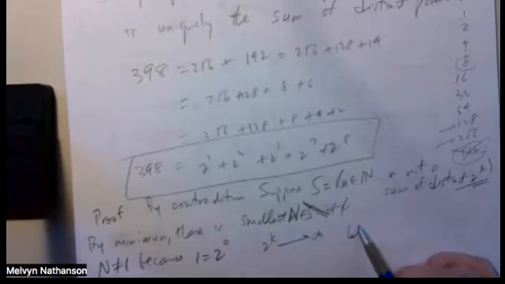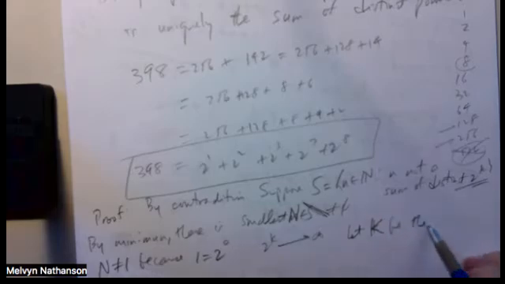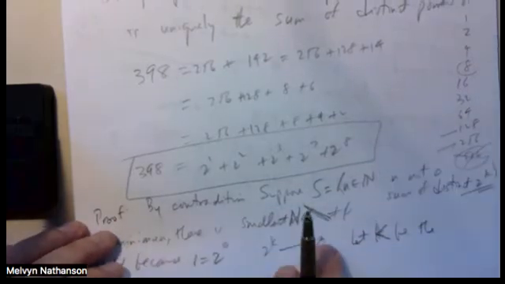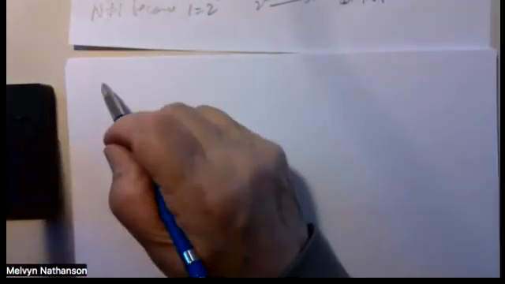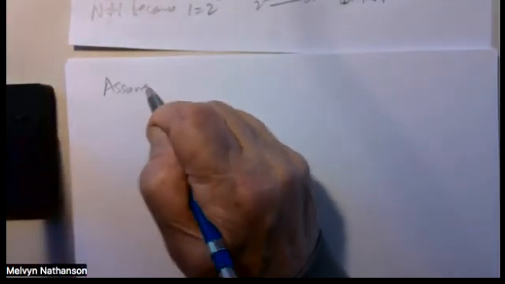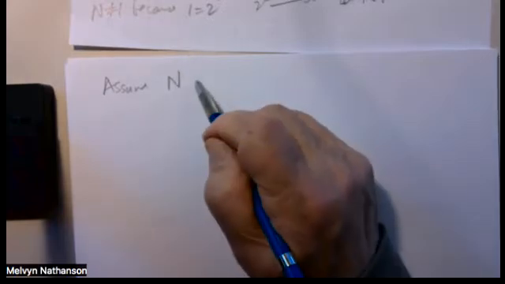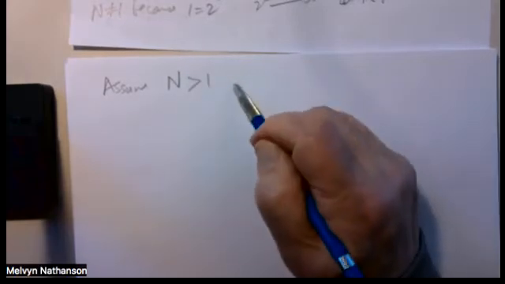So let K, say capital K, make some more space over here. So we're assuming we have a number N which has to be bigger than 1.